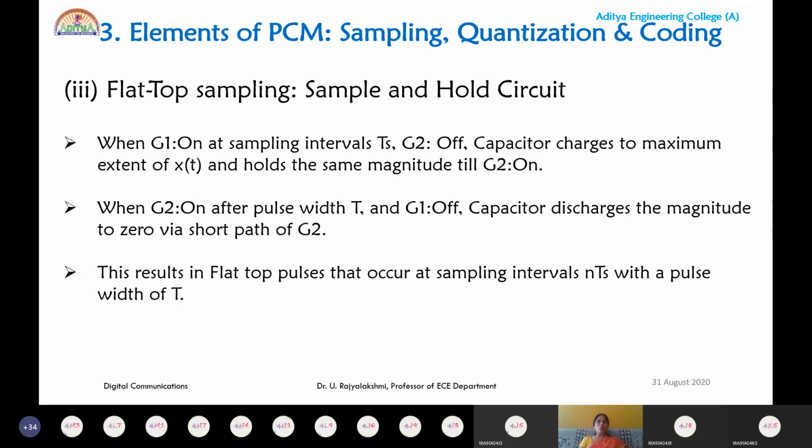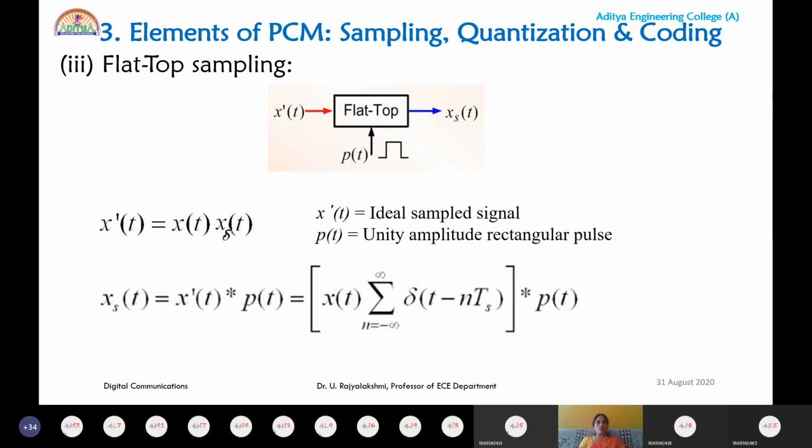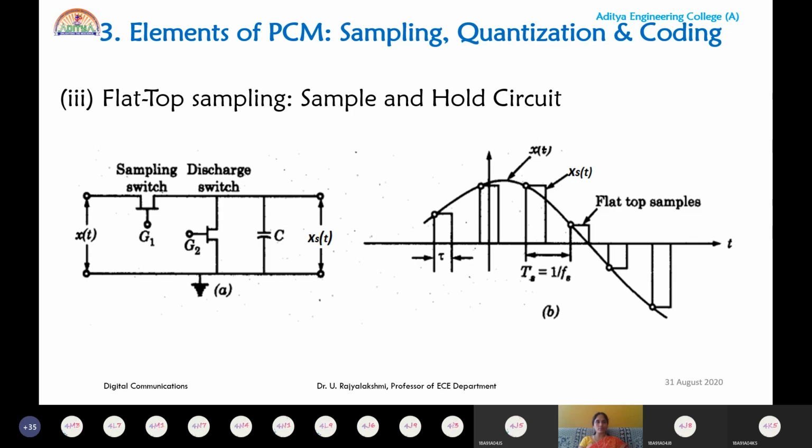So how can we generate this? Already we have seen the sample and hold circuit. By using the sample and hold circuit, we can generate pulses of constant amplitude. It makes use of a sampling switch and a discharge switch, and this capacitor is generally called the hold capacitor. And what is the importance of these two switches?